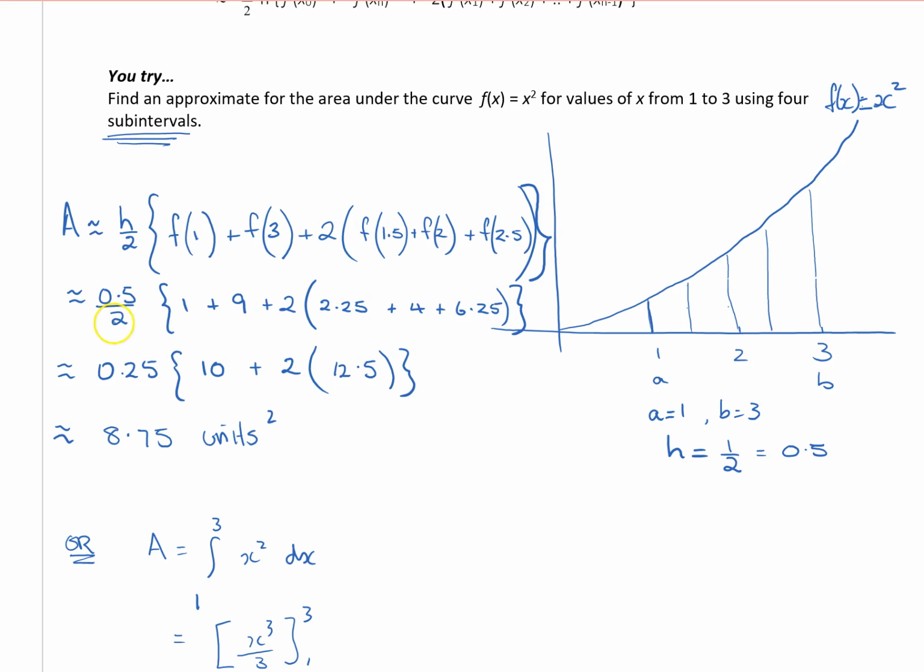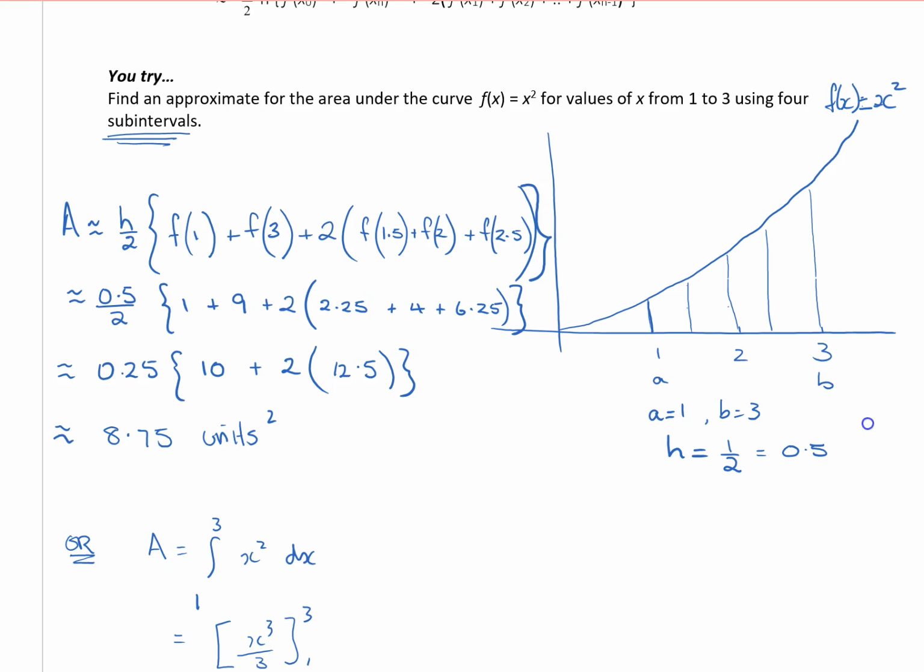You can see now that I've put the actual values into that formula. We established that h was a half, the function value at 1, remembering this function is x squared, will be 1, and at 3 it'll be 9, and 2 times these values. That simplifies to give us 8.75 units squared.